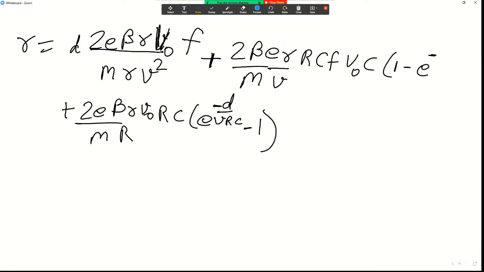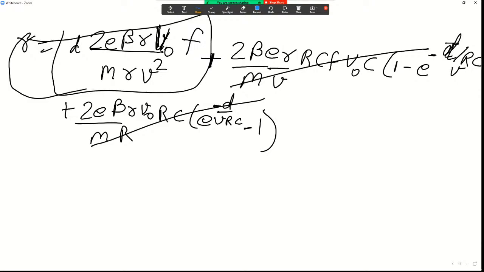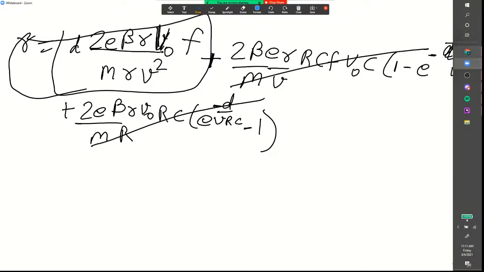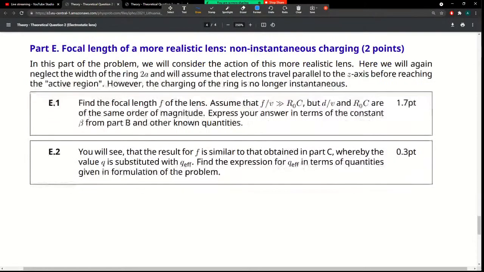And this is T over RC, that is d by V RC. Okay, so this cancels out with this, and we get this. Alright. Then that should be it for E1 then.